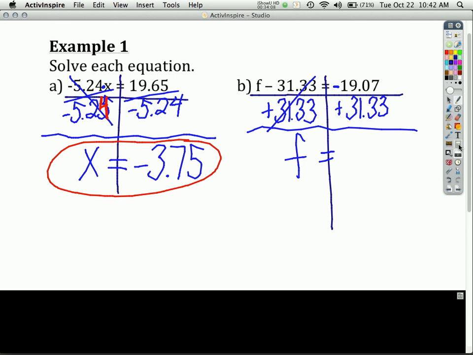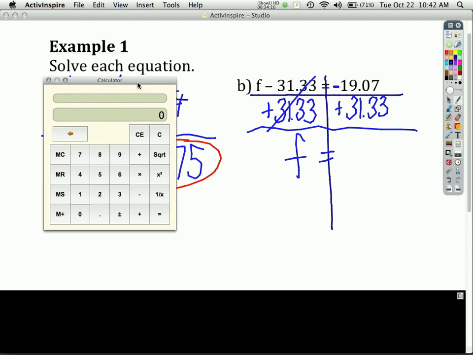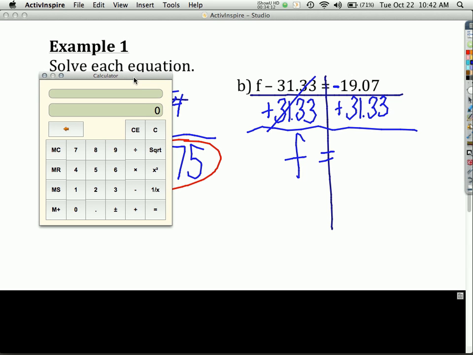It's 12.26. So let's explore. Look up here, please, because most of you need to make sure you're able to do this with your calculator. I've been encouraging you this entire year to learn ways of doing mental math efficiently. But negative 19.07 and 31.33, not easy to do mentally.